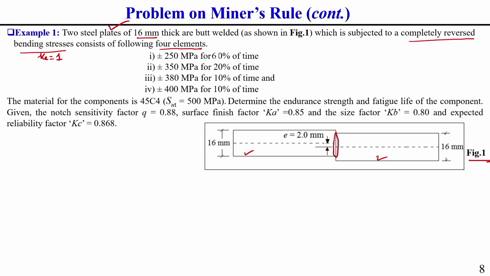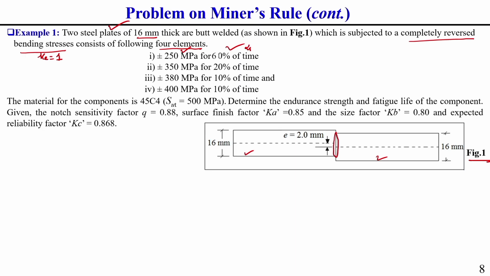It is subjected to different stress levels in different proportions. The bending stress is plus minus 250 MPa for 60% of total life, so alpha 1 will be equal to 0.60.